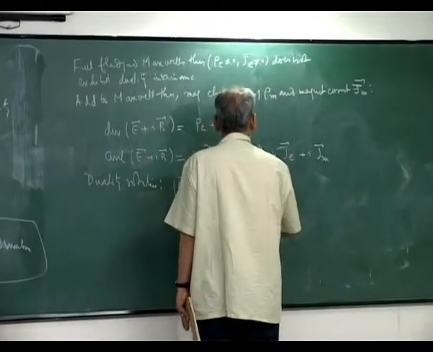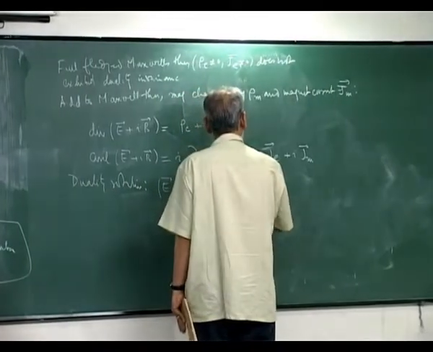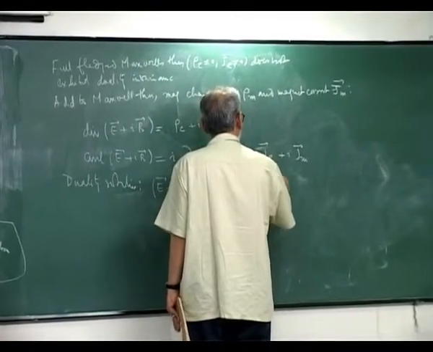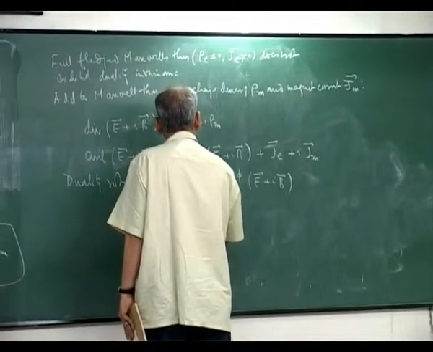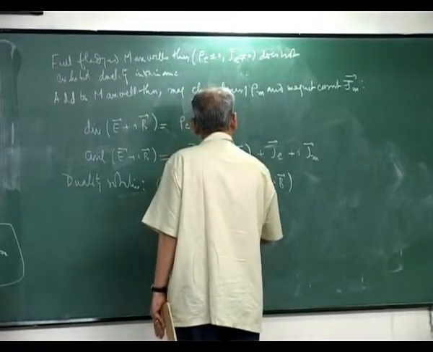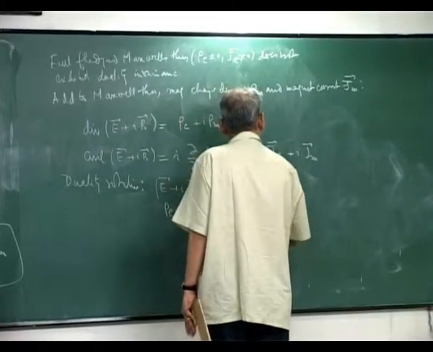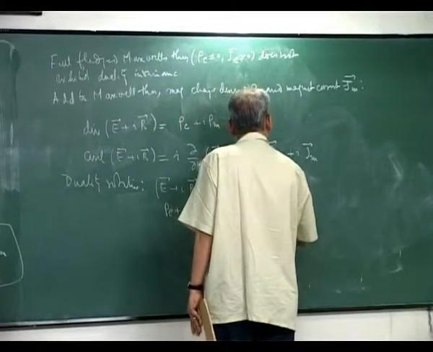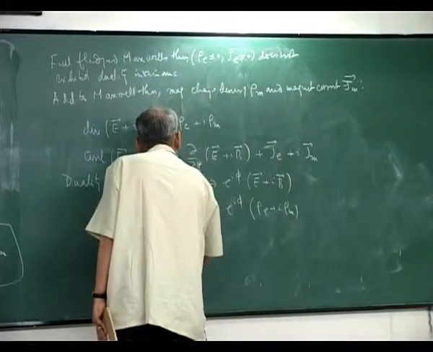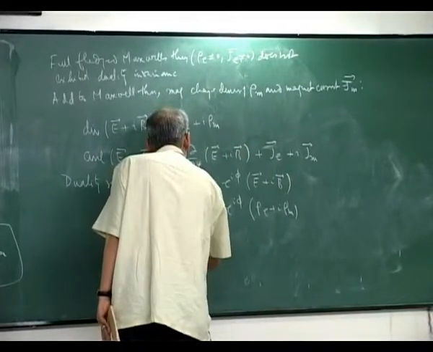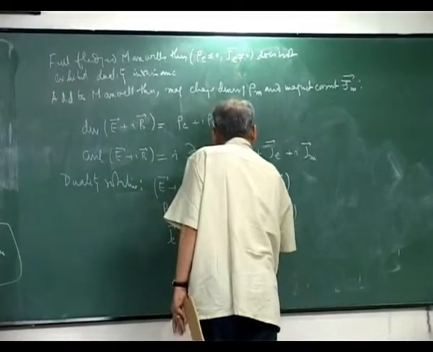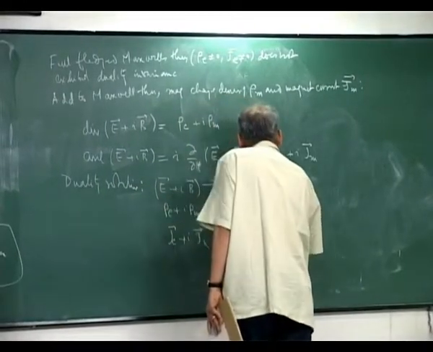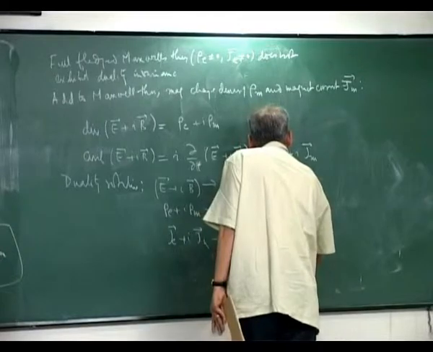E plus iB goes to a phase times E plus iB, rho E plus i rho M goes to a phase times rho E plus i rho M, J E plus i J M goes to e^(i phi) times J E plus i J M.